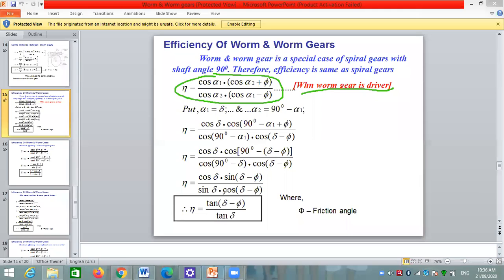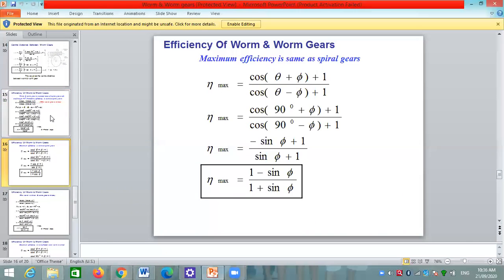And if we solve this, we will get efficiency equal to tan of delta minus phi upon delta, where delta is the lead angle and phi is the friction angle.